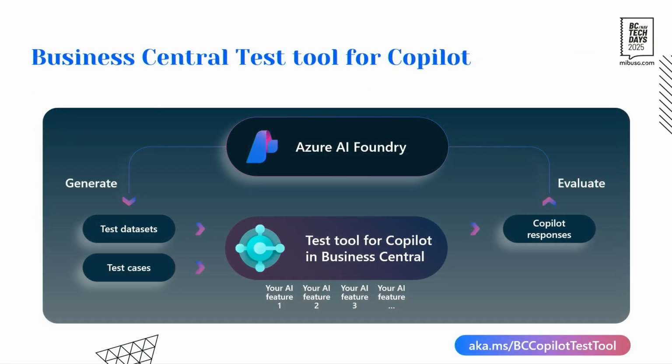I will not go very deep into what this tool is all about, but just to give a higher level overview: you have one test and you have hundreds of inputs as test cases. Each of these test cases has the expected output as well. So you run all of your 100 use cases against your single Copilot feature, and based on the response, you validate that.